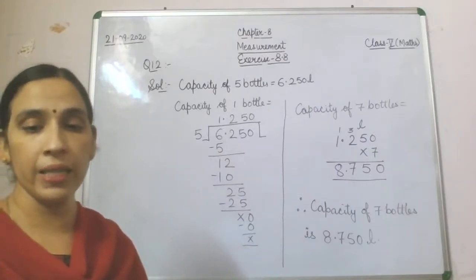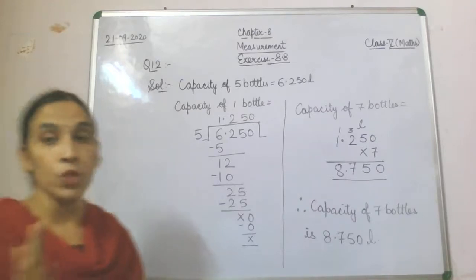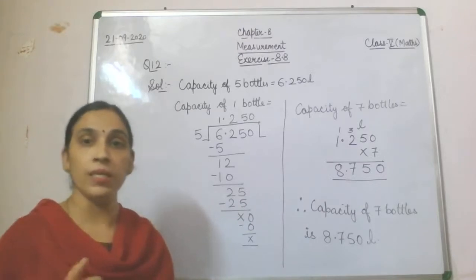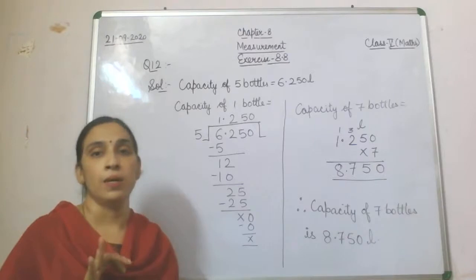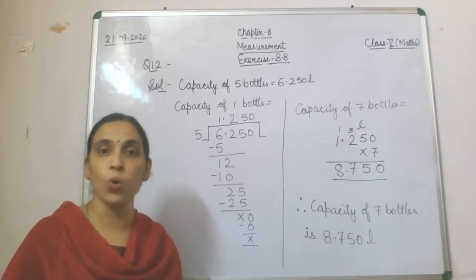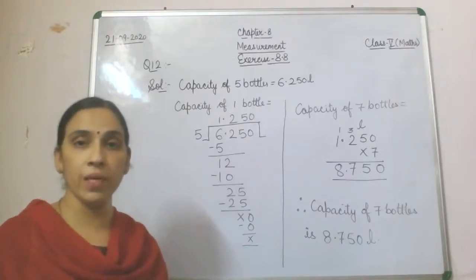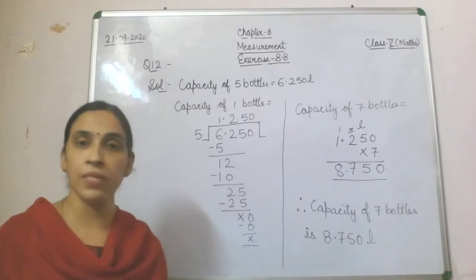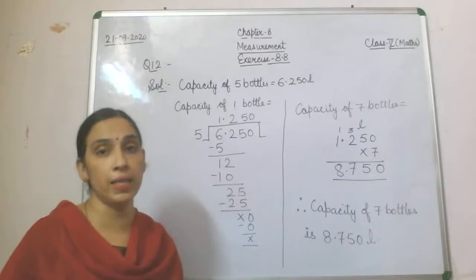Now children, with this we have completed our chapter 8. In chapter 8 we have done measurement of length, its conversion, basic fundamental units, and applications related to all the fundamental basic units and basic operations. Then we have done measurement of weight, again conversion and use of basic fundamental operations. Then we have done capacity, and the same.